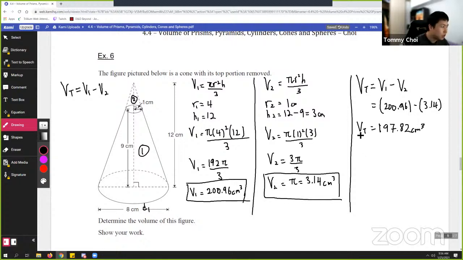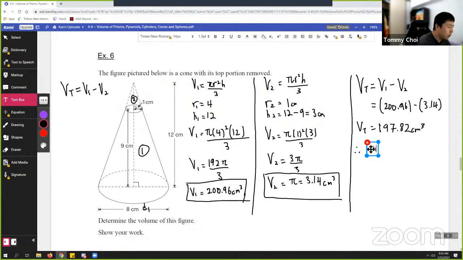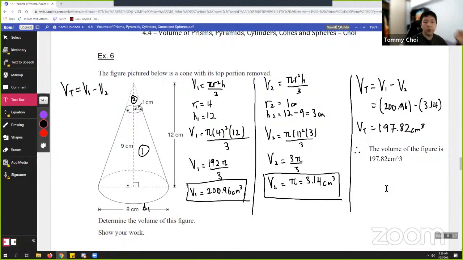And there's our final answer. So therefore, the volume of the figure is 197.82 centimeters cubed. And that's going to be our final answer.